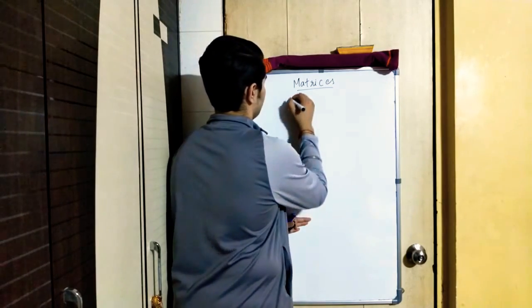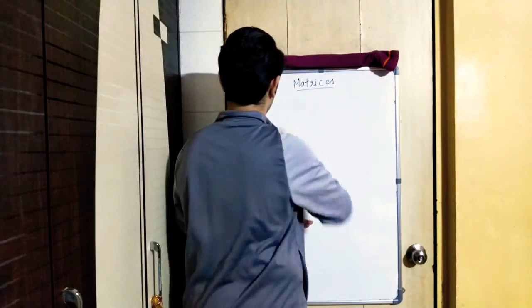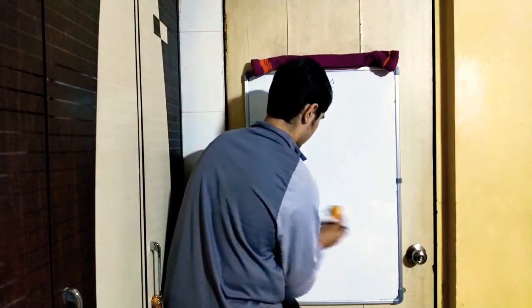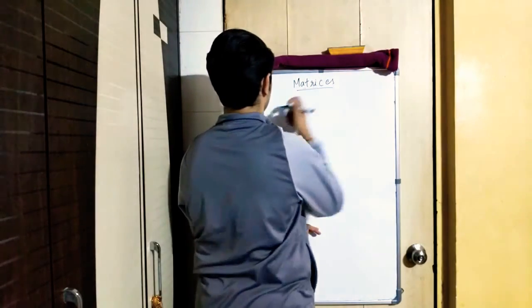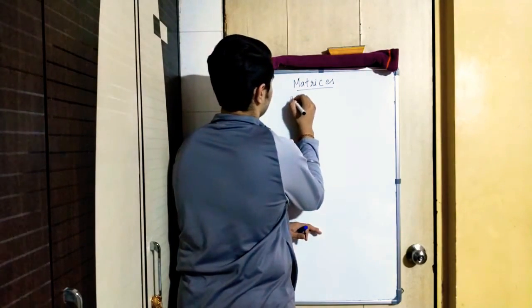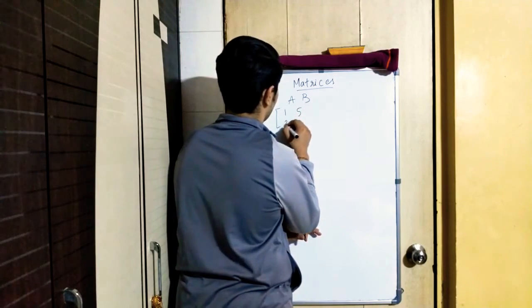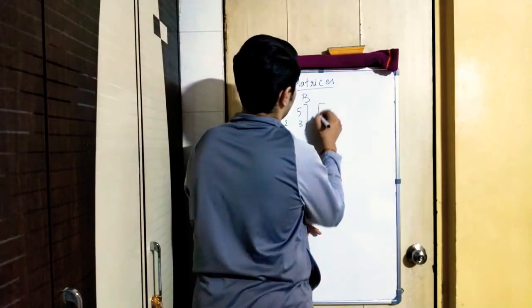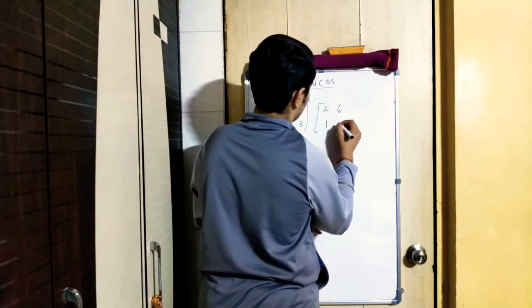Suppose the A matrix is 1 5 2 3 and the B matrix is 2 6 1 2.